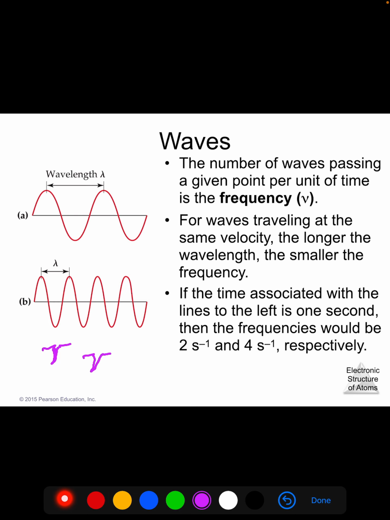And it's going to be so many per second, or reciprocal seconds. We also call those units hertz, named after Mr. Hertz, so I tend to use a capital H.